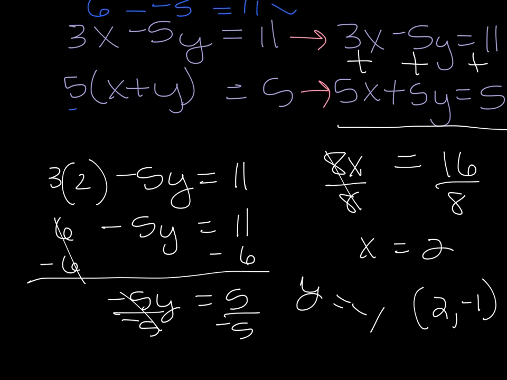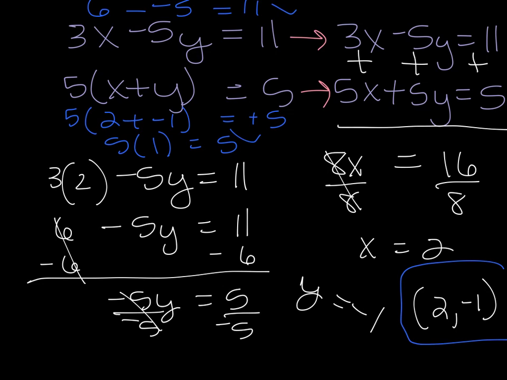On the bottom, we have 5 times 2 plus negative 1. Is that 5? Well, 5 times 2 plus negative 1 is 5 times 1, which is 5, and it checks out. And so my final answer is (2, negative 1).